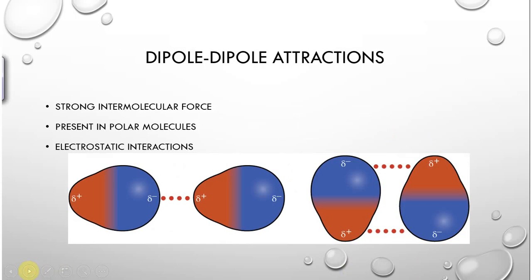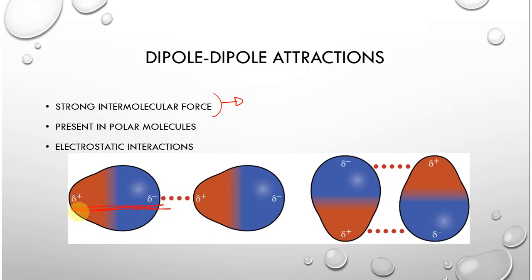Now, as far as dipole-dipole interactions go, these are the strong intermolecular forces. Here you have permanent electrostatic distributions that are unequal. So you have a partial positive here, partial negative here.